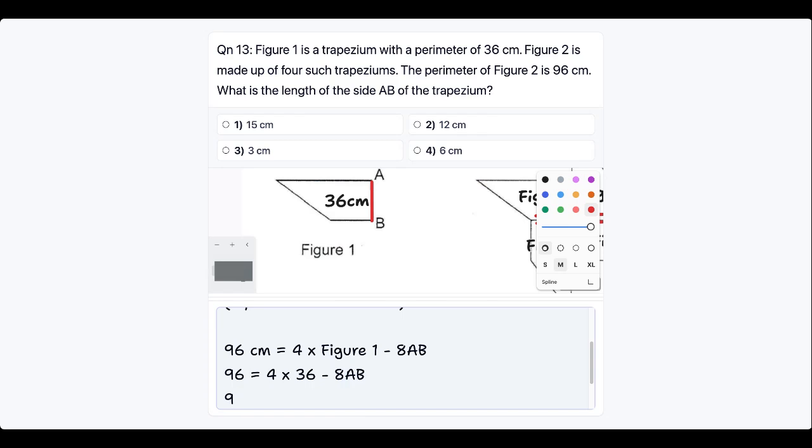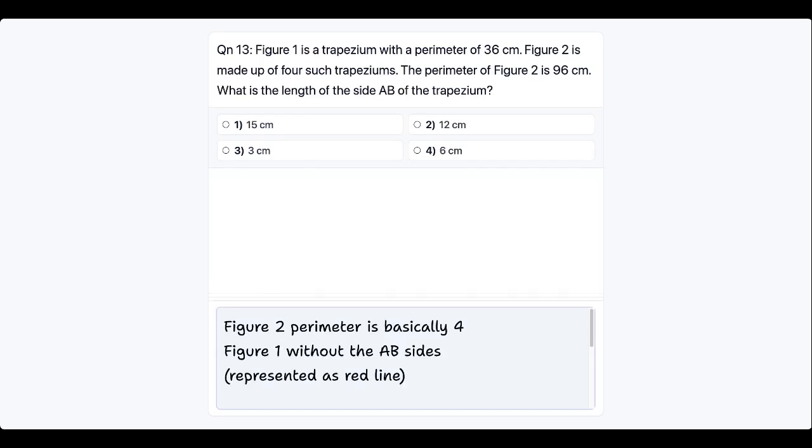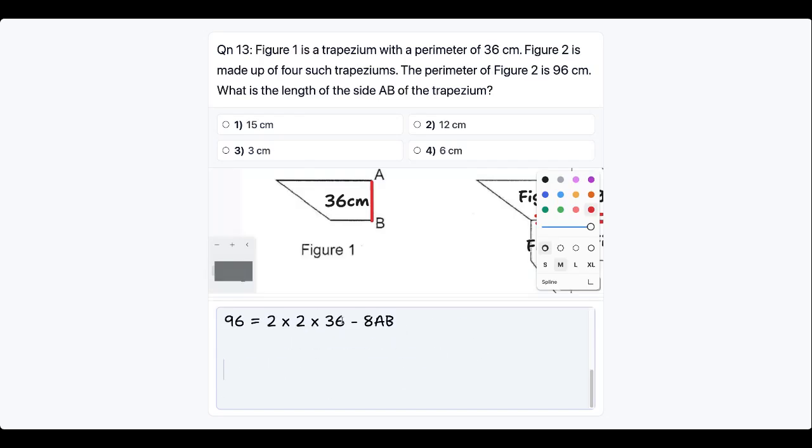So with that said, we calculate. 96 is equal to 4 times 36, minus 8AB. 2 times 36 is 72, minus 8AB. Then 2 times 72 is 144. So 144 minus 8AB.